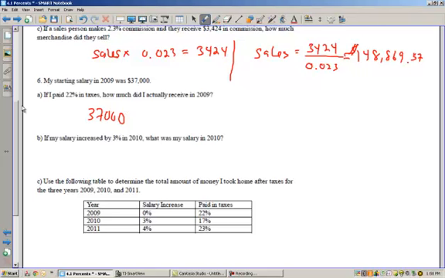Right? A lot of it went to taxes, 22%. So to figure out how much you received, one way to do this is say, okay, if I lost 22%, then I had 78% left. So I multiply this by 0.78, and this is going to tell you how much you actually received.